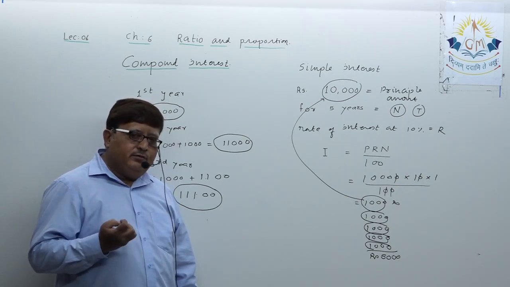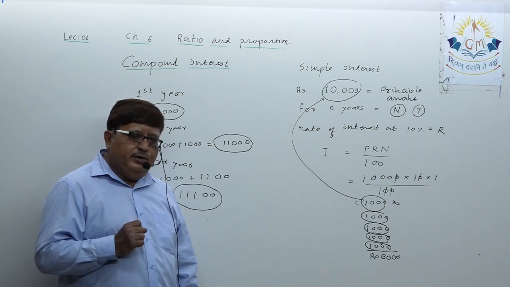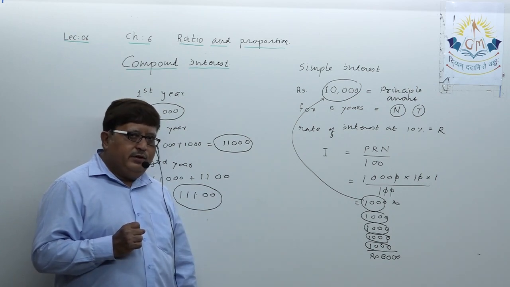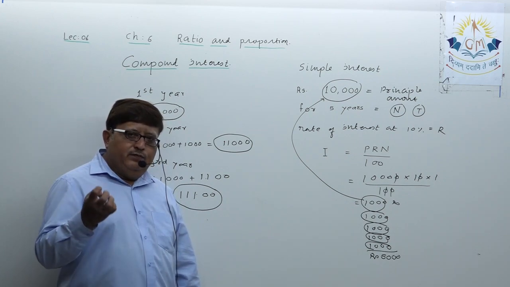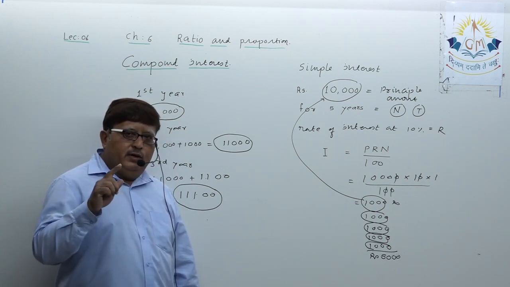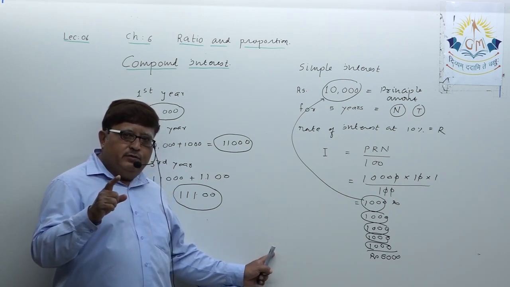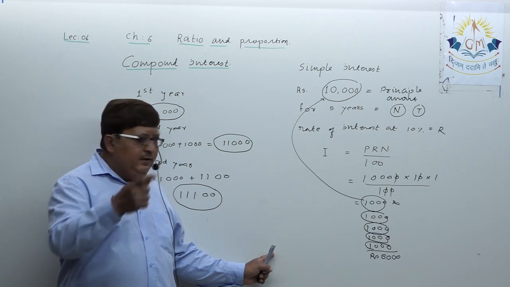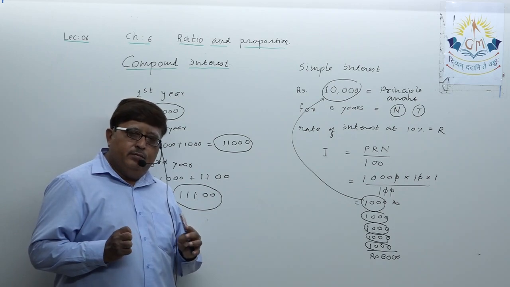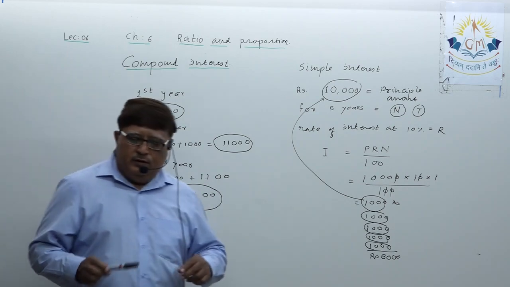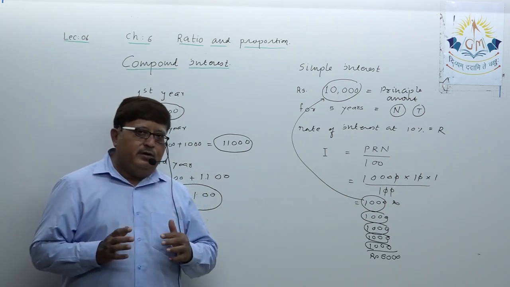That means if you borrow money from anybody on compound interest, definitely after the fixed period of time you are going to pay more interest to the money lender than in simple interest. This is a clear basic you need to understand, and I want you to conceptualize this very clearly.